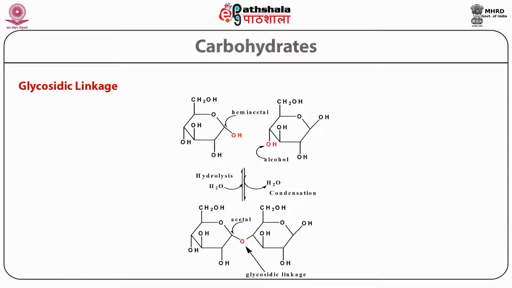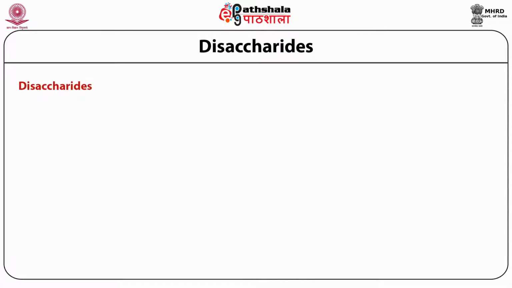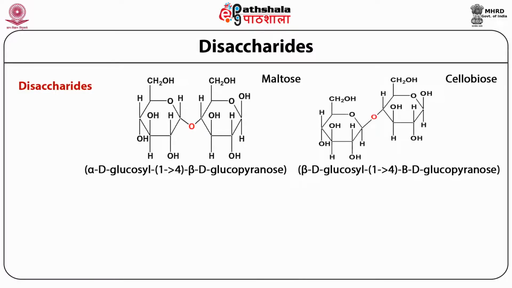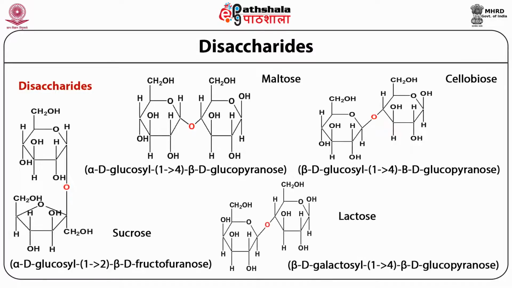Disaccharides: examples are maltose, cellobiose, sucrose and lactose. In maltose, two sugar units, glucose and glucose, are linked via a 1,4 alpha linkage.